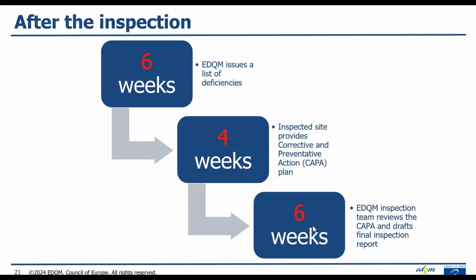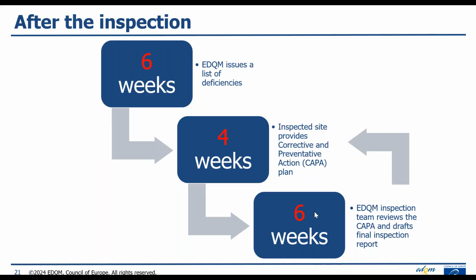After receipt of that, the inspected site has a period of 4 weeks to provide a corrective and preventative action plan to the EDQM. This would then be reviewed by the inspection team, and if it's considered adequate, we would then draft the final inspection report within 6 weeks of receipt of the company's CAPA.